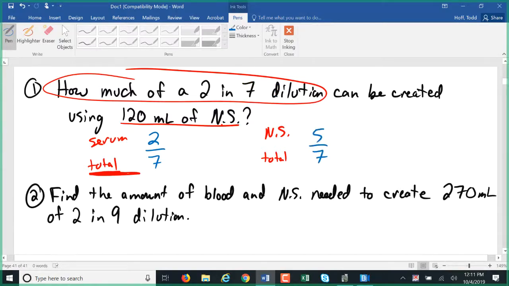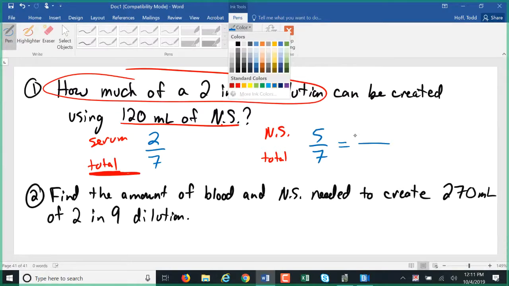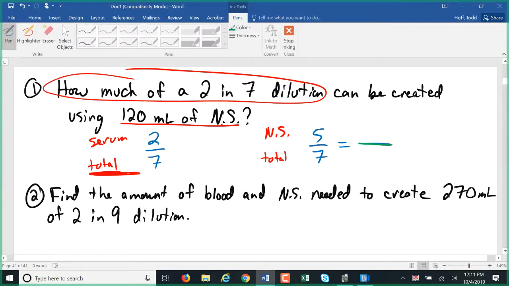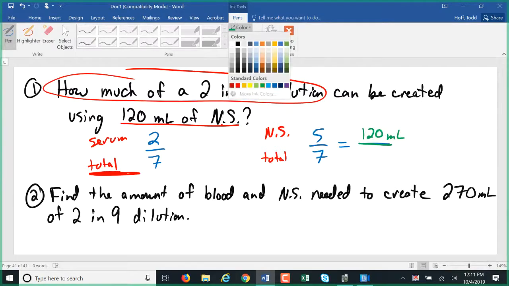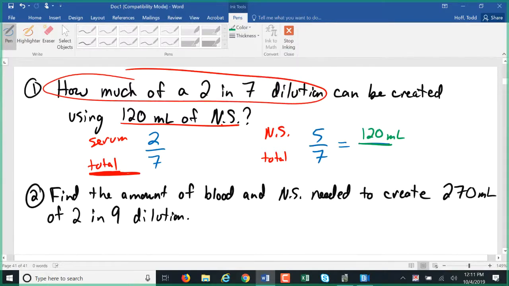Good. You still have 7 total parts. If 2 of them are serum, the other 5 are saline. 120 milliliters is saline, and we're trying to find the total solution. So cross multiply and divide. 7 times 120 divided by 5 gives us what? 168 milliliters of total solution.